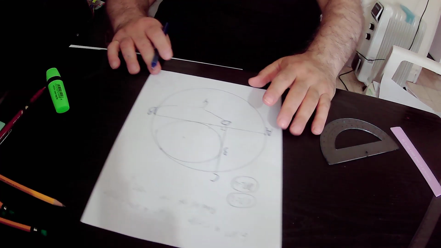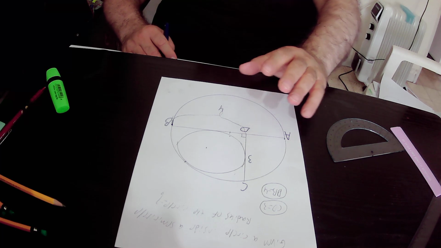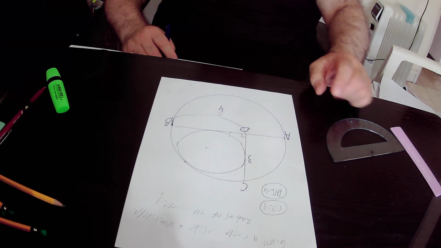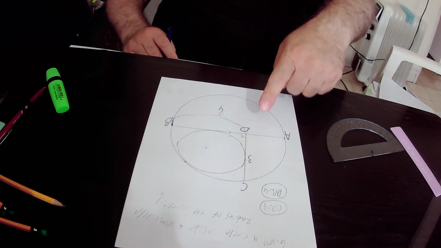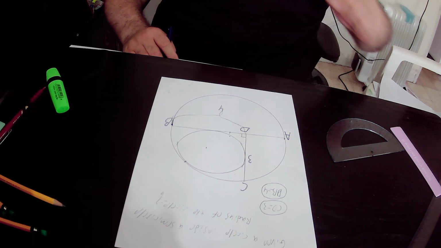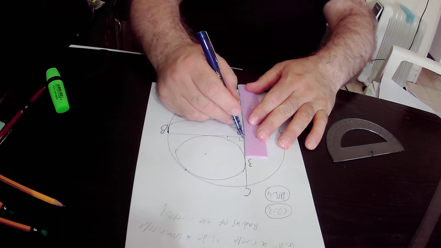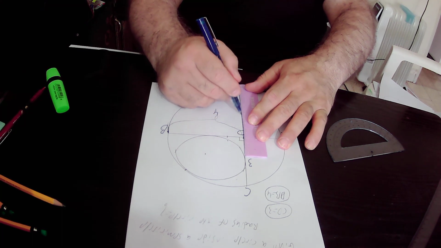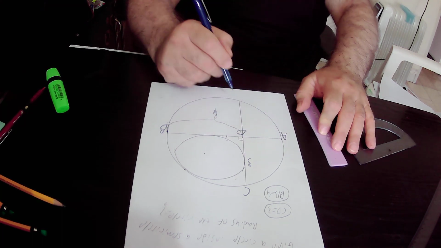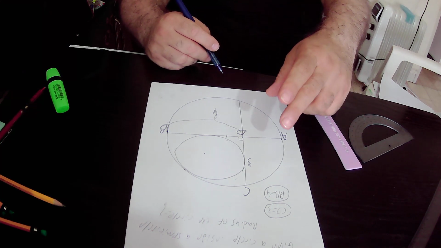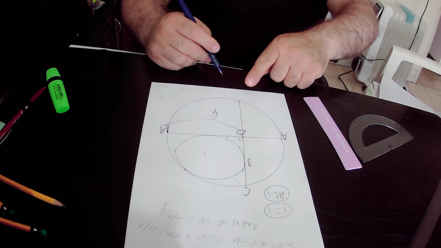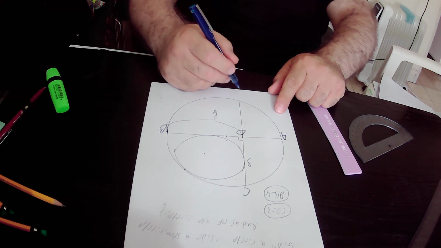So we completed this semicircle to a circle. In the next step, we will extend line segment CD until it touches the circle. And we will define the touching point of the extended line segment CD and this circle as point E.